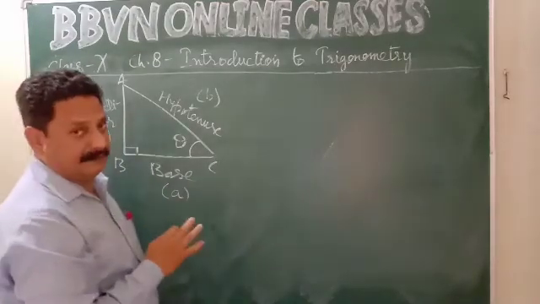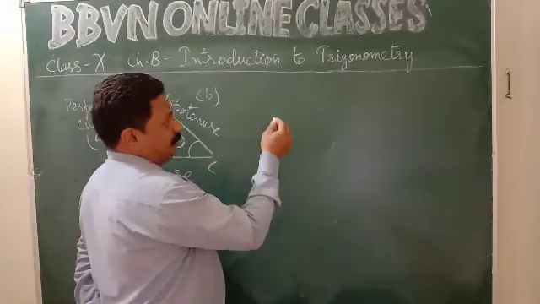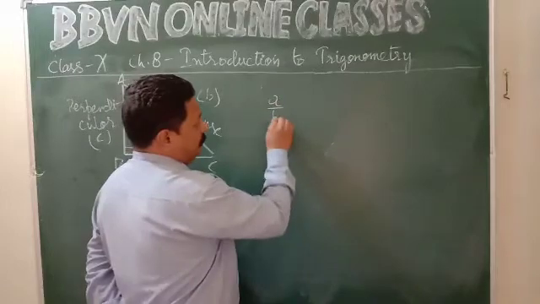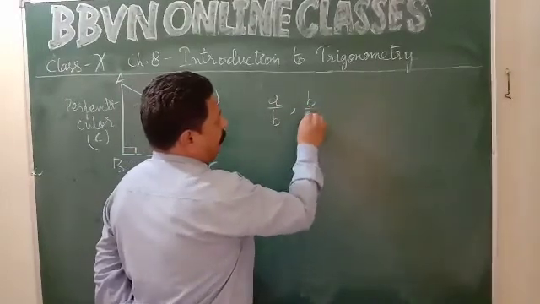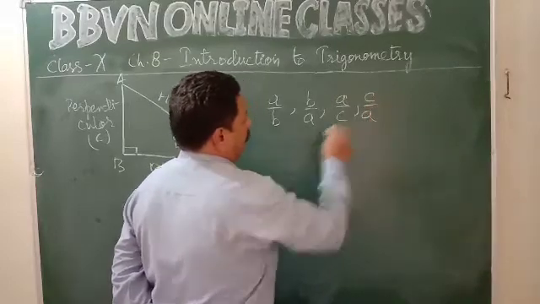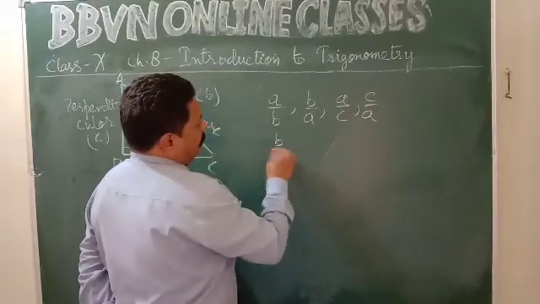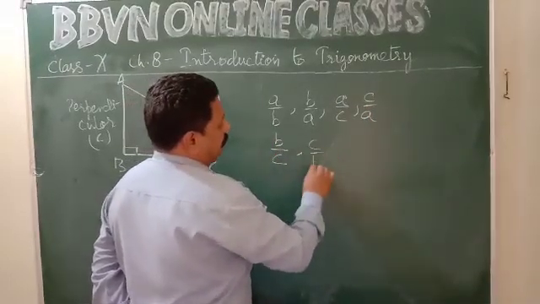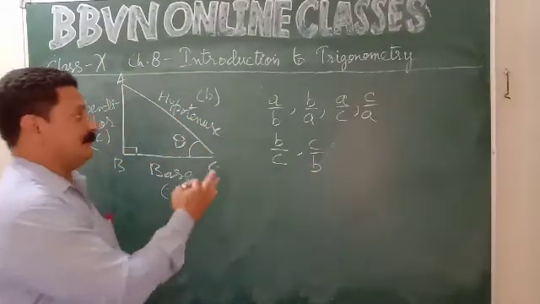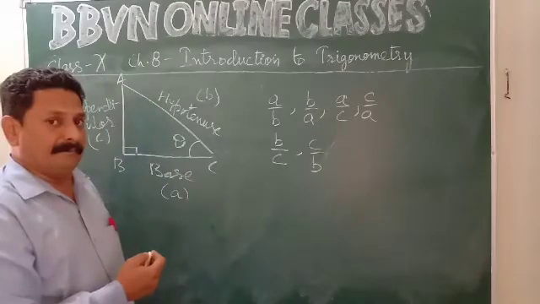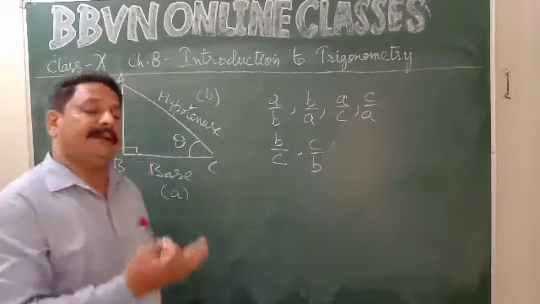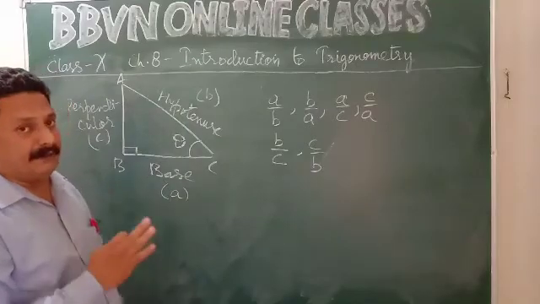So I have three lengths A, B and C. Using these three sides, I can have six different ratios: A upon B, B upon A, A upon C, C upon A, B upon C or C upon B. These are six distinct ratios using the sides of this triangle. So it is for sure that in this triangle we can have six different ratios.